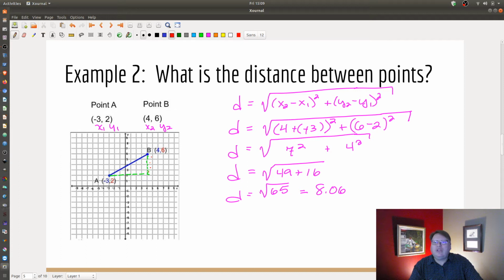This is 1, 2, 3, 4, and this is 1, 2, 3, 4, 5, 6, 7. So do you see I would do 4 and 7, and I would still be saying for Pythagorean theorem 7 squared plus 4 squared, which is exactly what we got up here using the distance formula.